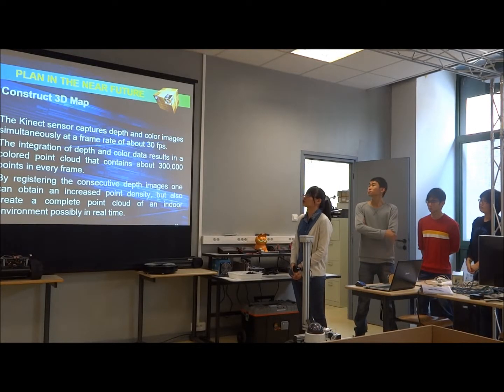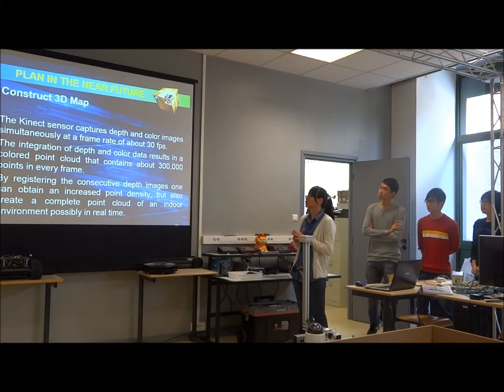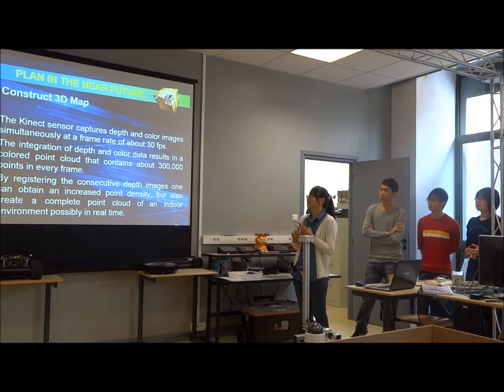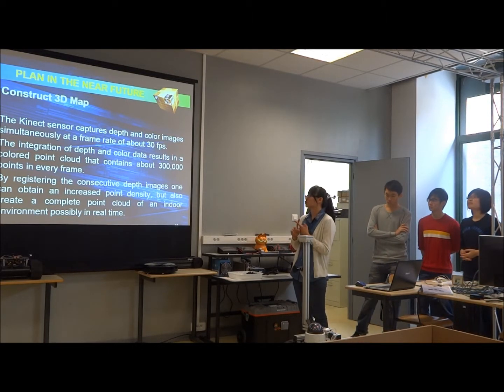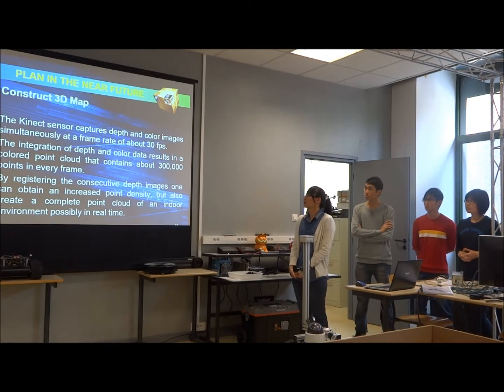Okay. In order to construct a 3D map, of course we need the Kinect sensor, and it will capture both the depth and color images. So it's not only the depth images, but we still need the color images simultaneously at a frame rate of about 30 frames per second.